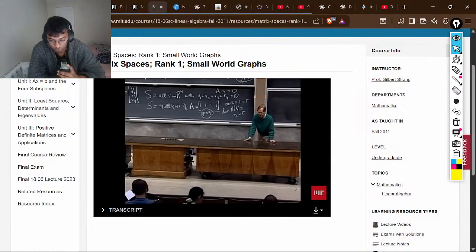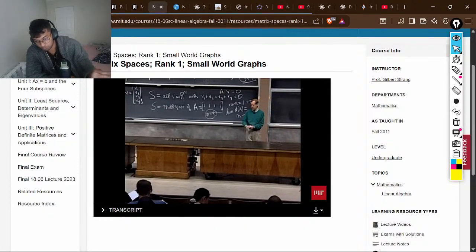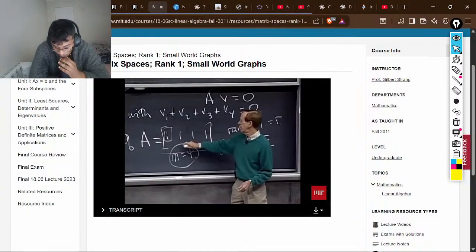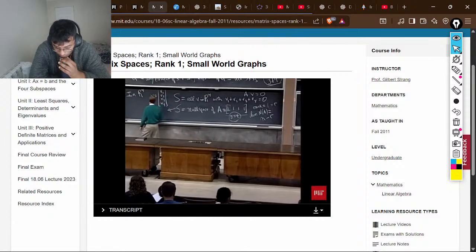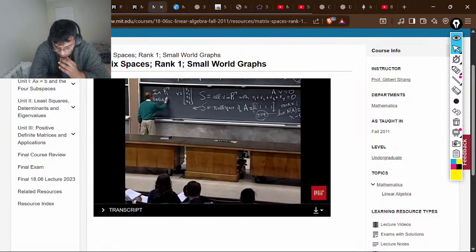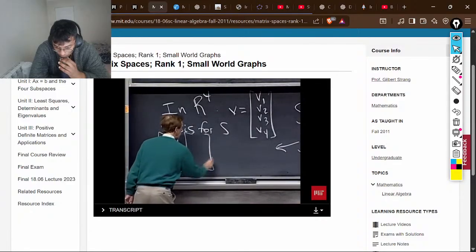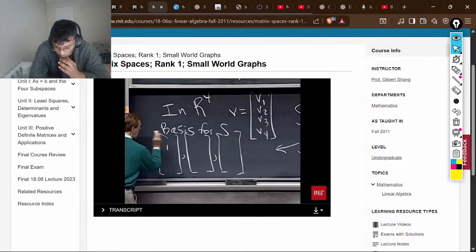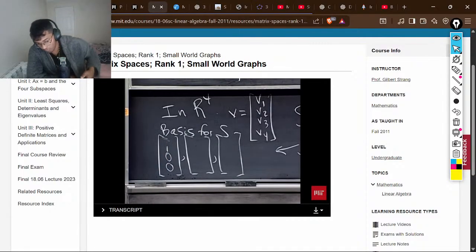So what's the basis for the null space? The special solutions. To find the special solutions, I look for the free variables. Here's the pivot. The free variables are 2, 3, and 4. So the basis for S will be, I'm expecting 3 vectors, 3 special solutions. I give the value 1 to that free variable, and what's the pivot variable if this is going to be a vector in S?